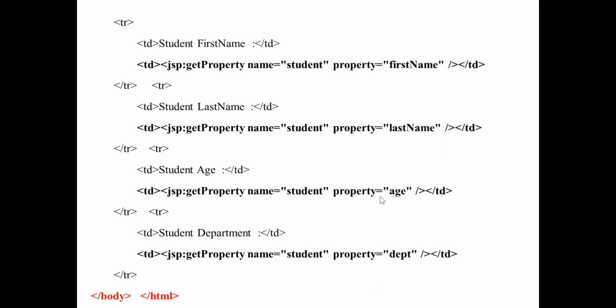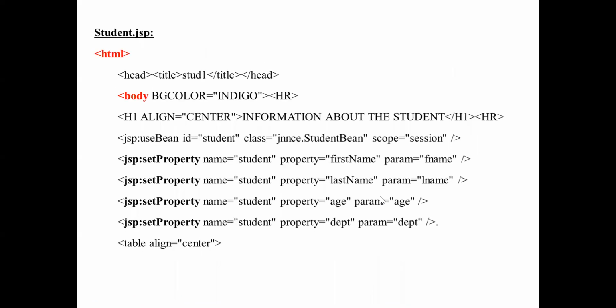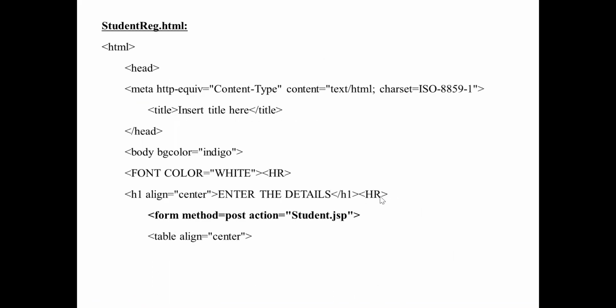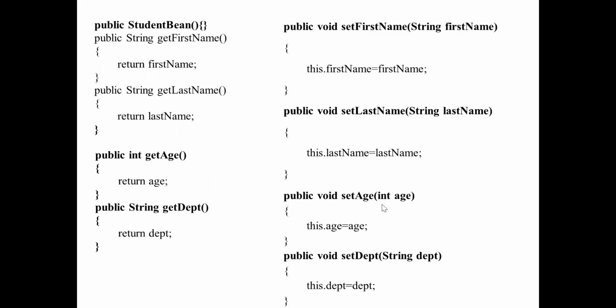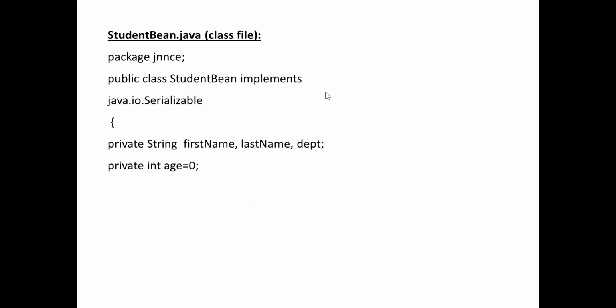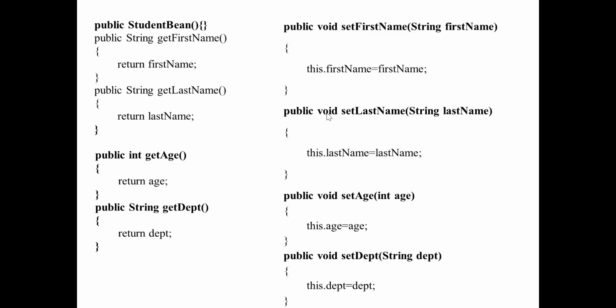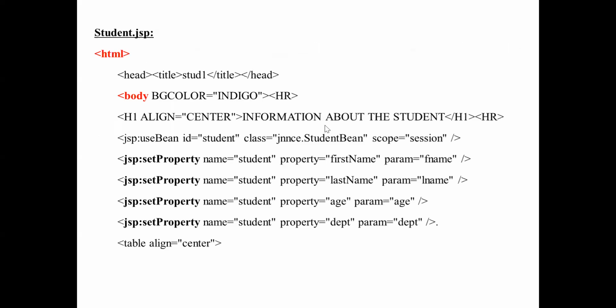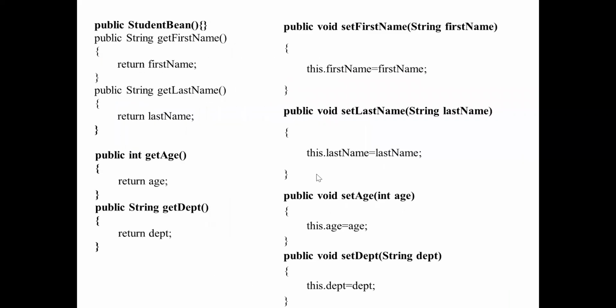So in that case, we are using getProperty, setProperty, package and content type. So we have to write one Java class, one HTML and one JSP page. You should write three programs and execute the program.